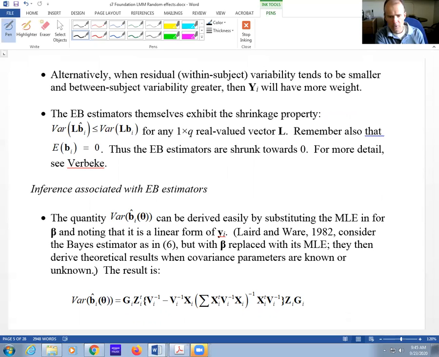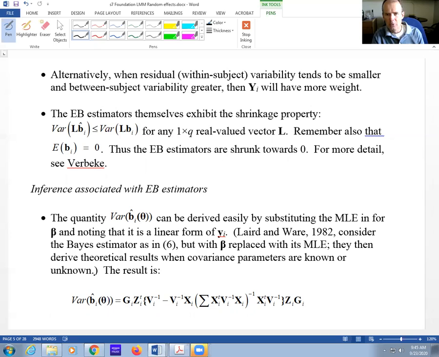I gave you the formula that will give you the estimates of the random effects, and then you can add that to the other parts of the model to get predicted values, right? So you can get your x beta hat plus z b hat, and they may be shrunk back to the mean a little bit depending on the variability in the subject level data. So we understand that part.